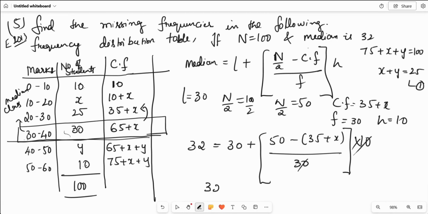Now 32 is equal to 30 plus 50 minus 35 minus x. No, it is not plus. Divided by 3. 50 minus 35 is 15. 15 minus x by 3.